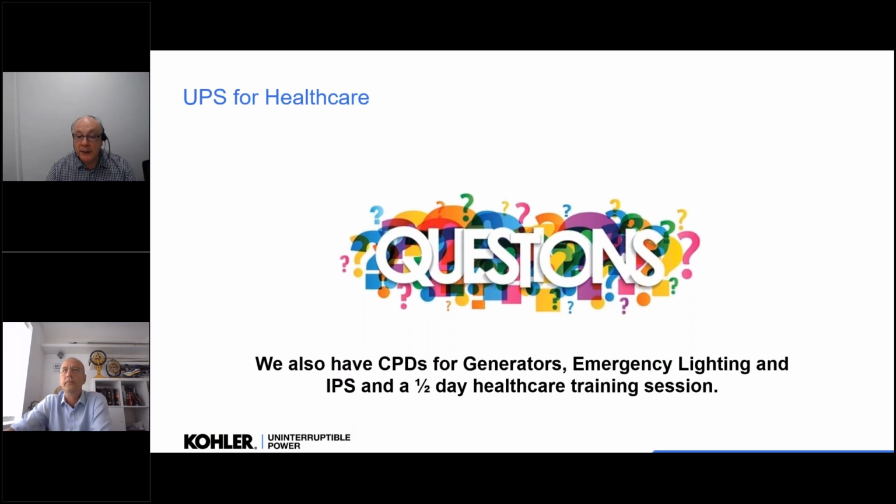Another attendee's asked, mostly UPS batteries are provided within the UPS. Are there any specific requirements for those? Yes, and this is where a lot of people would just specify a UPS without taking into account those batteries. Typically small UPSs will have internal batteries, and they can quite often be a 5-year battery with push-on terminals and not flame retardant.